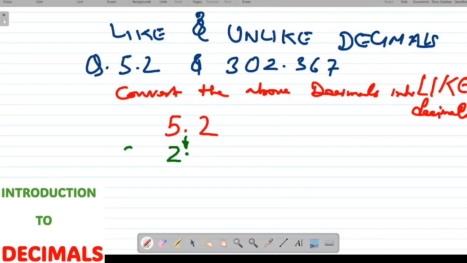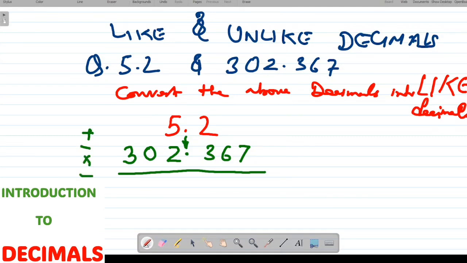So when you arrange it, it will look like this: 302.367, right? When you do any kind of arithmetic operation, addition, subtraction, multiplication, or division, you arrange them this way. But here we are just converting the two decimals into like decimals.